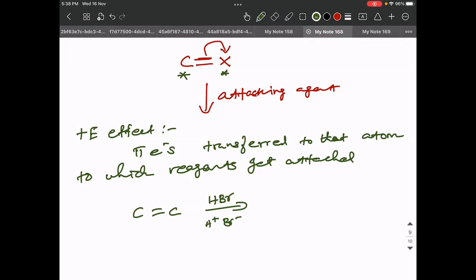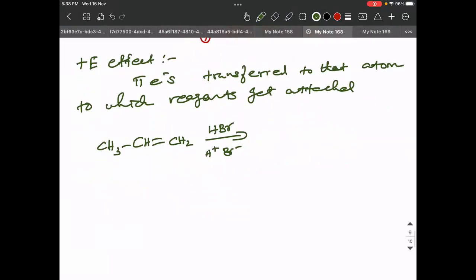When you have a group like this, take propene. If you are adding H plus, you have two chances. That means the pi electron is shifted over here. When you add H plus, it will attack on either side, either the first carbon or the second one. Suppose the pi electrons are shifted to this side.